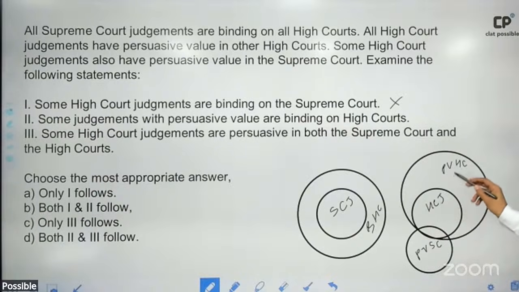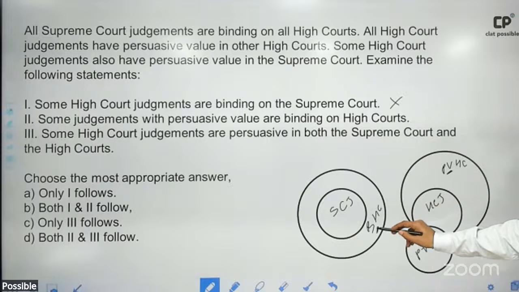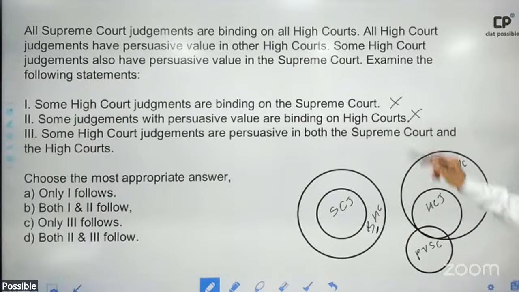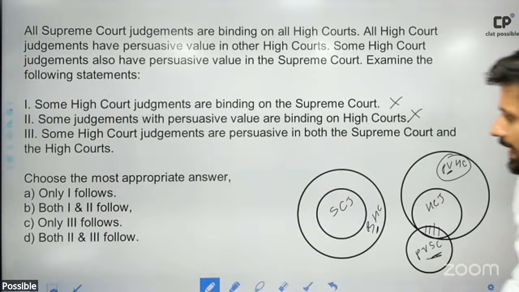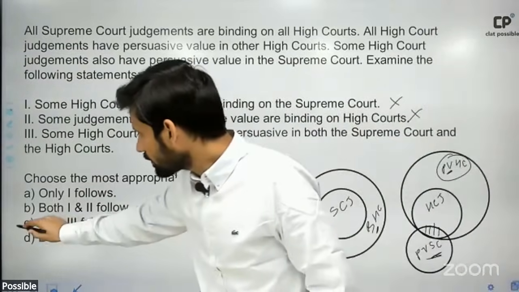Binding was not there, persuasive value was there. Binding is a separate circle, so this is also out. Some High Court judgments are persuasive in both the Supreme Court and the High Courts. Yes, this portion, both the High Court and Supreme Court. So 3 is correct. Option C is correct.